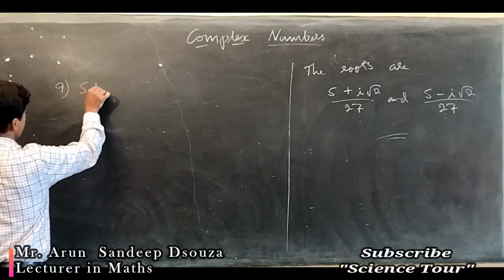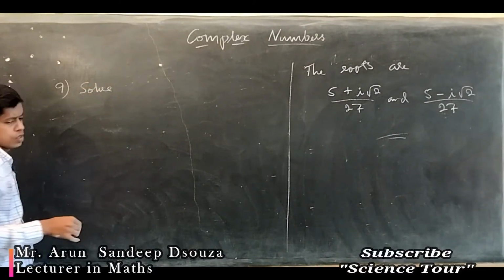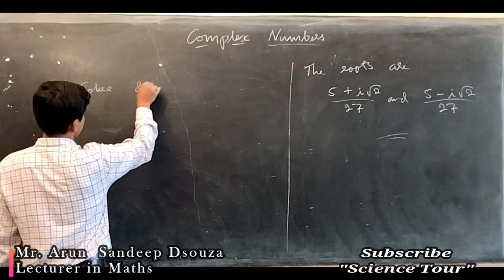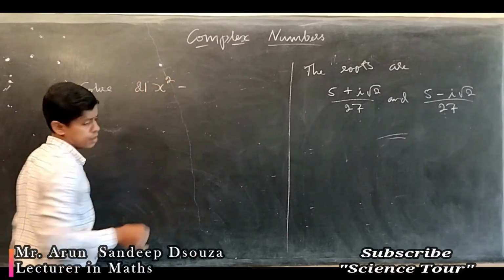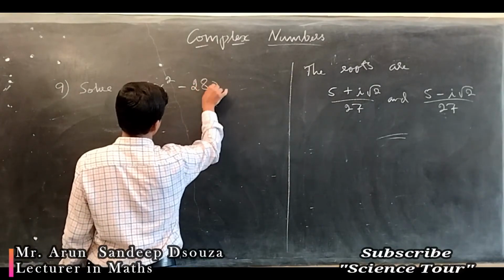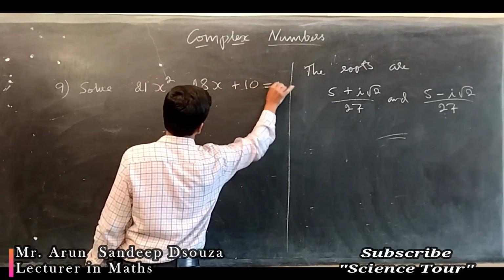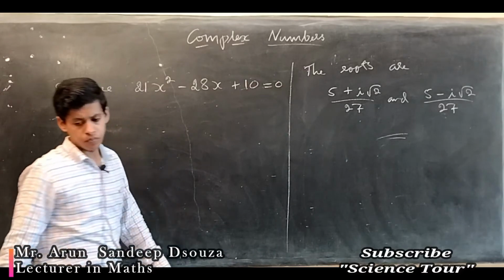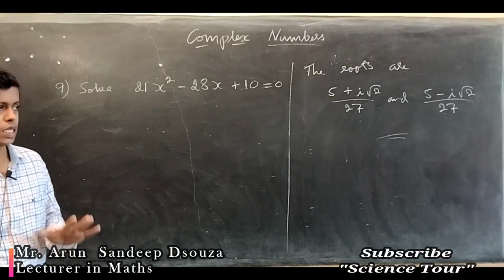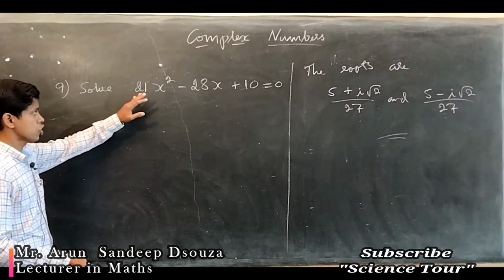So solve: 21x square minus 28x plus 10 is equal to 0. This is the last quadratic equation to be solved.